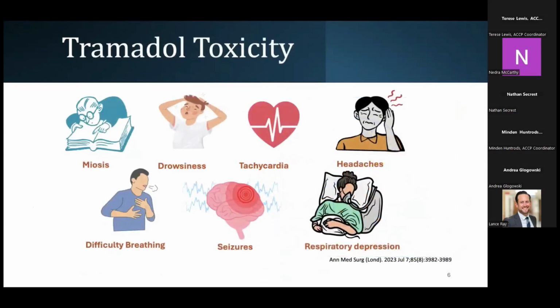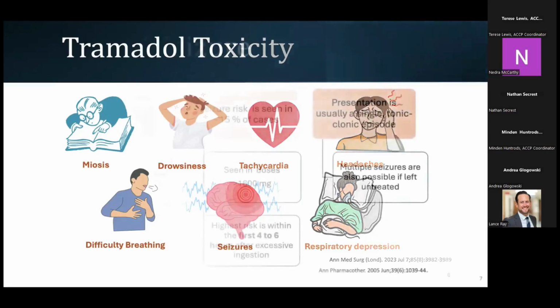For tramadol toxicity, the signs and symptoms go from mild to severe, mild being miosis, drowsiness, and tachycardia. In some instances, patients may experience headache, and it becomes moderate to severe to the point where they're having difficulty breathing. In some instances, they may develop seizures or respiratory depression.